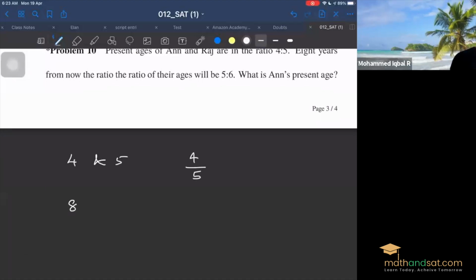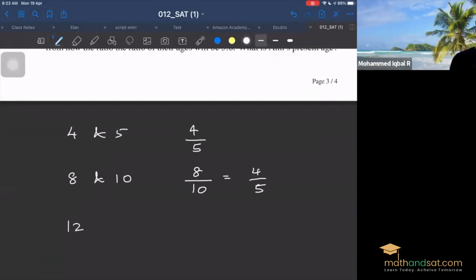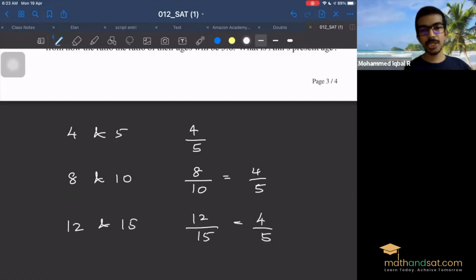Or it can be 8 and 10, so the ratio will be 8/10, which is again 4/5. Or you can have 12 and 15. The ratio is 12 over 15, which is again 4/5. You understand the logic? Is that all right?